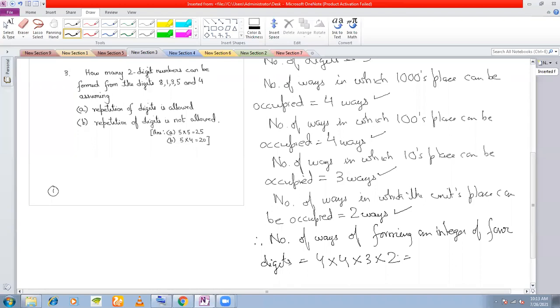Because you can put in 4 ways in the thousands place, and 4 ways in the hundreds place, and 3 ways in the tens place, and 2 ways in the units place, right? So this should come to 96.